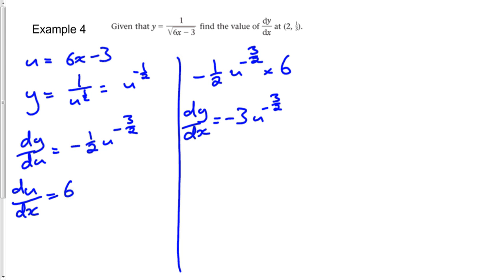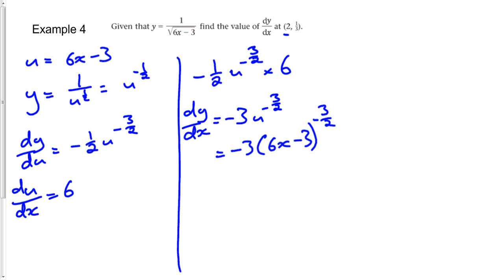Now, it's asked us to stick in the value of x as 2. But at the moment we don't have any values of x, so we've got to put it back in terms of x. So that would be equals minus 3 lots of 6x minus 3 to the power of minus 3 over 2.